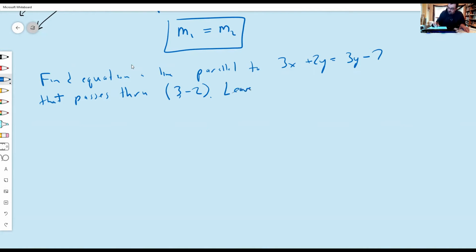We'll leave our answer in slope-intercept form.